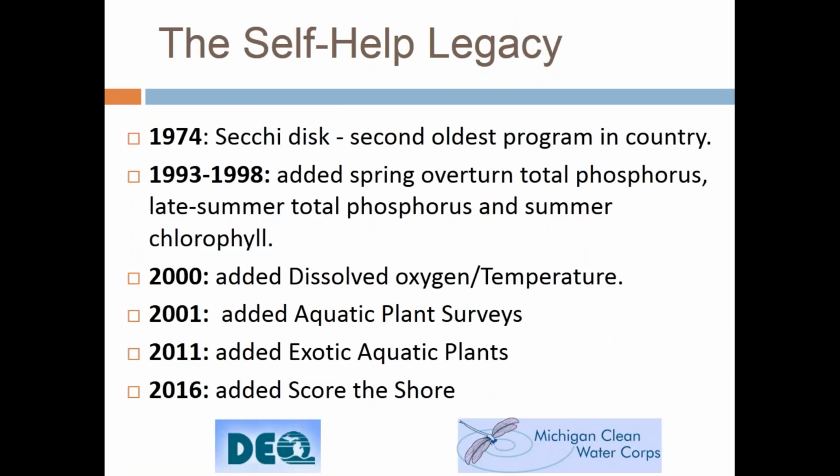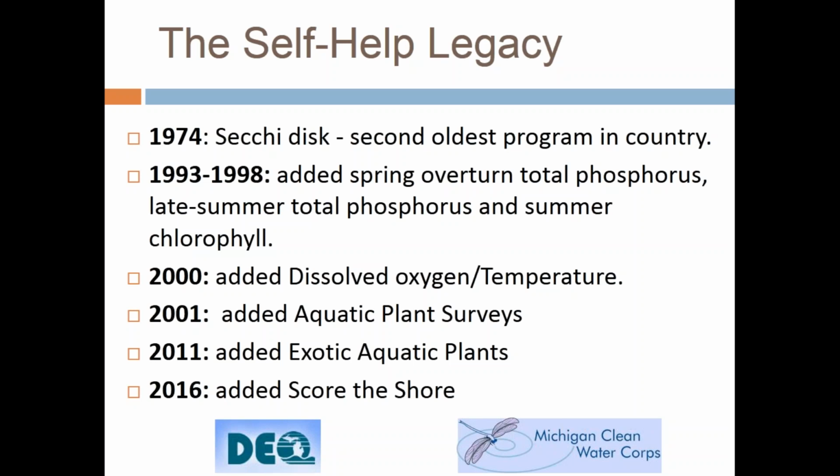So the program has actually existed for quite a few years. In 1974, it was first launched, but it was called the Self-Help Program back then. It was actually the second oldest program of its type in the country. It has been operating since 1974. But at first it was just Secchi disc, and since that time we've added other parameters.